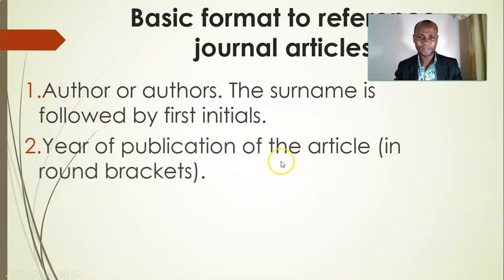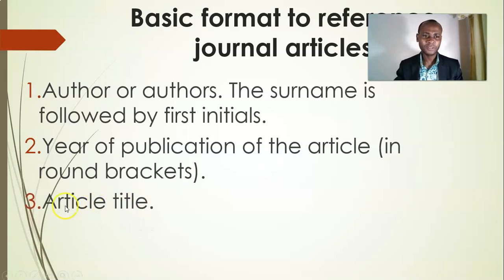And the year of publication should also come, usually put in brackets for APA. And then it should contain the article title. So first, the author's surname, then the first name and the middle name, all in initials.